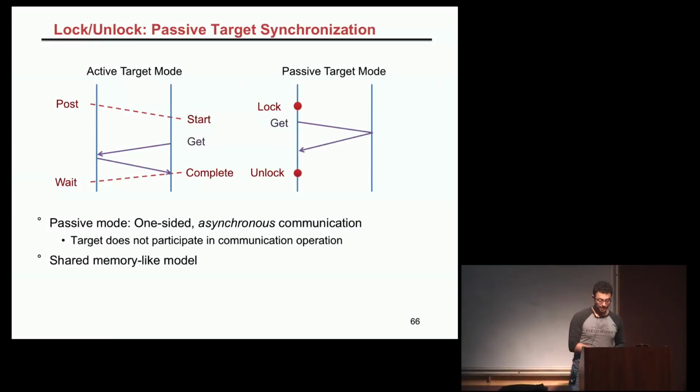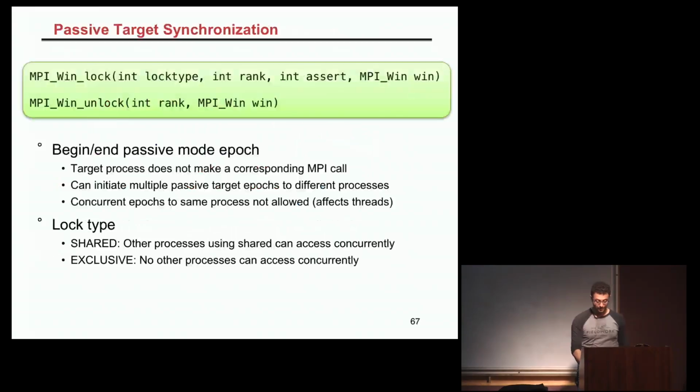And the standard passive target synchronization is this lock and unlock. So you basically issue a get operation. Whenever you do unlock, you know that the get completed. It's unfortunately called lock and unlock, but the naming should be start epoch and end epoch. It's probably better, but they use the epoch words for the active target case, so they had to use a different word for the passive target case. So this is the syntax.